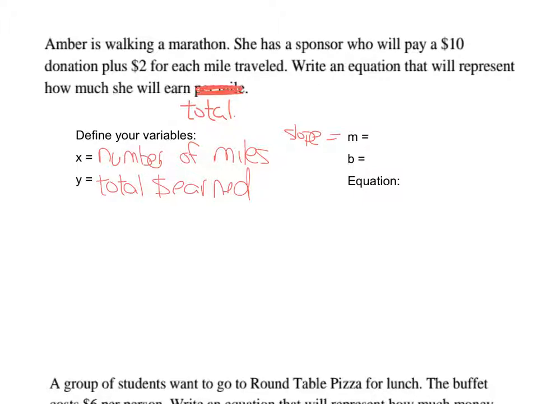Well, remember, we look for those key words, for, per, things like that. She's getting $2 for each mile. That's the rate of change, so that's the slope. So m is 2. And b, that's going to be the y-intercept. That's also the initial value. What does she get if she doesn't do anything?